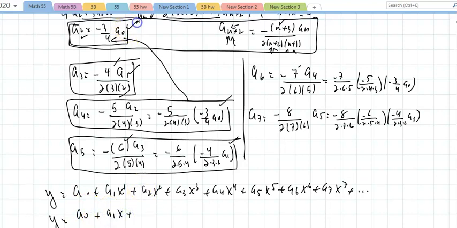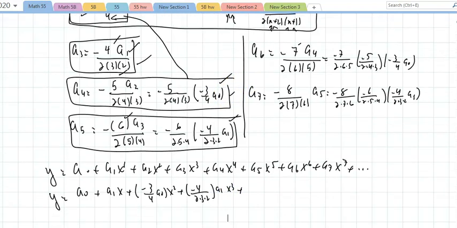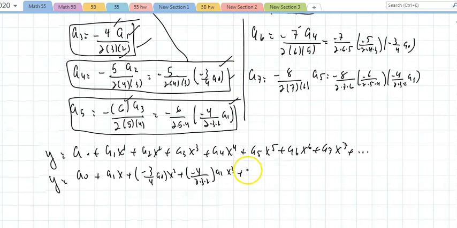But a sub 2, I'm going to start filling in the blanks. That's negative 3 over 4 a sub 0 x squared. A sub 3 in order: negative 4 over 2 times 3 times 2 times a sub 1 x cubed. A sub 4 is that mess: negative 5 over 2 times 4 times 3 times negative 3 over 4 a sub 0 x to the 4th.